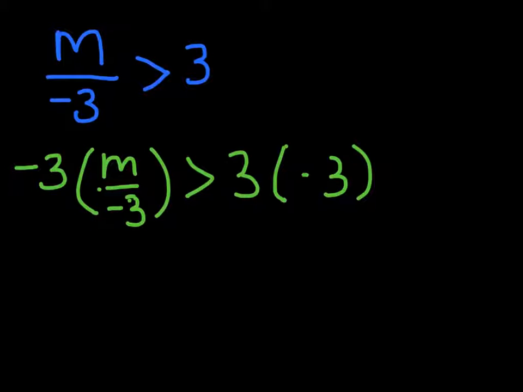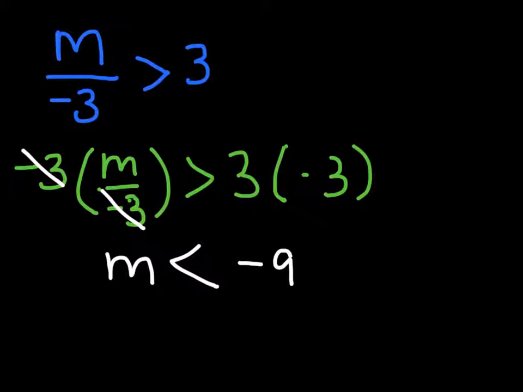Because we are multiplying by a negative number, when I simplify to get m and negative 9, I have to change the direction of my inequality symbol. So m is less than negative 9.